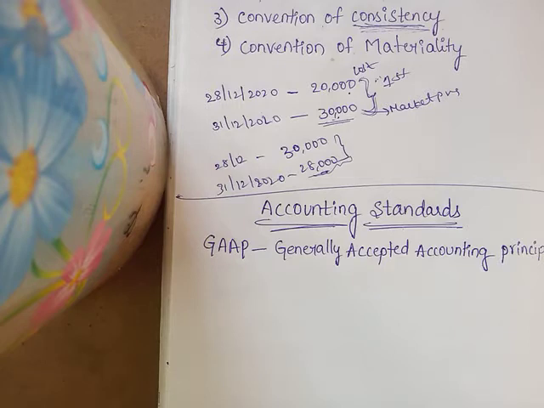So it can be seen that at many places GAAP permits a variety of alternative accounting treatments for the same item. For example, different methods for valuation of stock give different results in financial statements. Under valuation of stock or materials we have several methods: FIFO method, LIFO method, weighted average method, and simple average method.